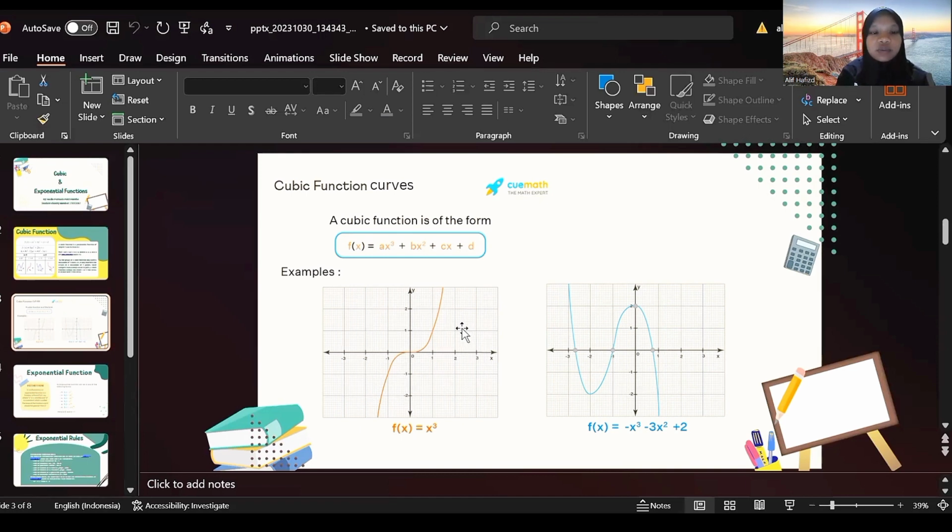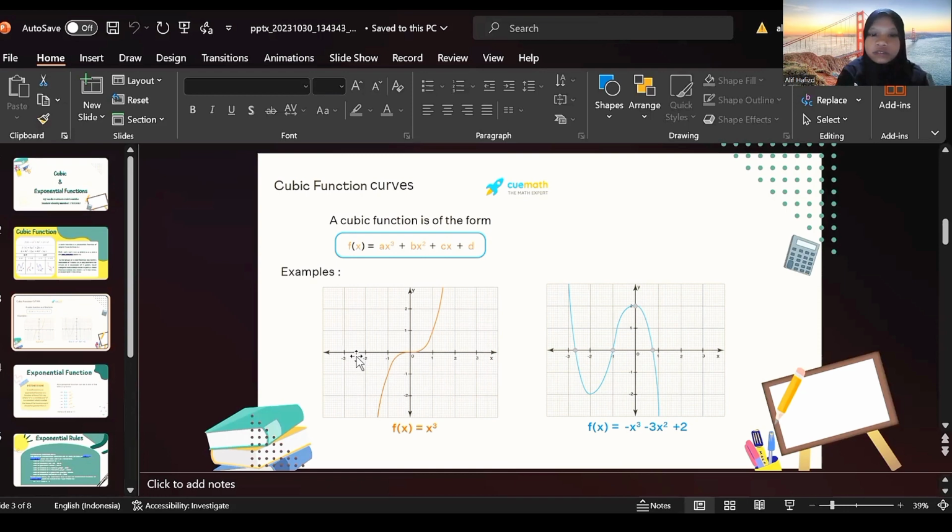So something like x squared plus 2x plus 1 doesn't count as cubic because it doesn't have an x cubed term. And x to the power of 4 minus 2x cubed plus 1 also doesn't count as cubic because it has an x to the power of 4 term, which isn't allowed.